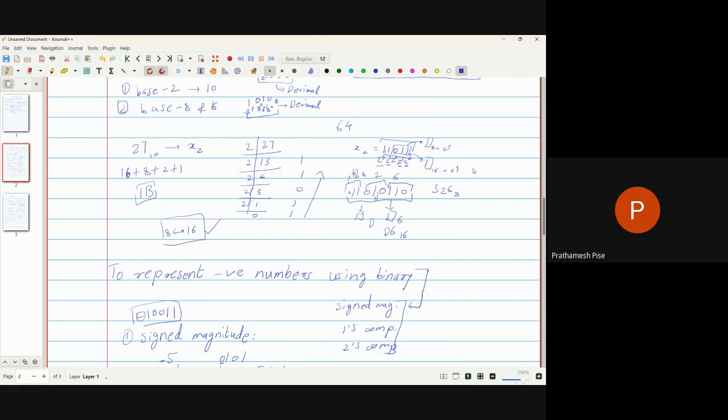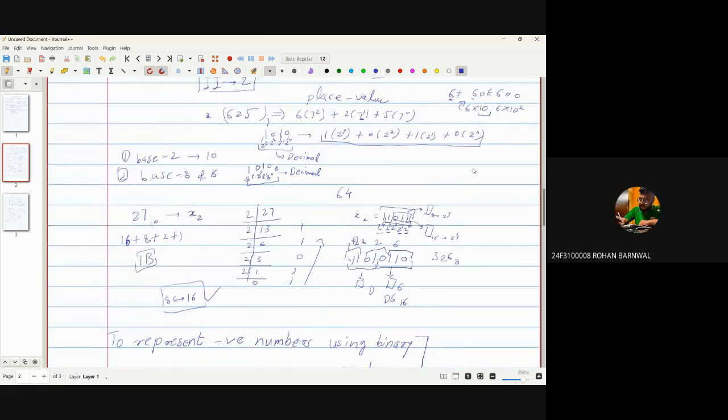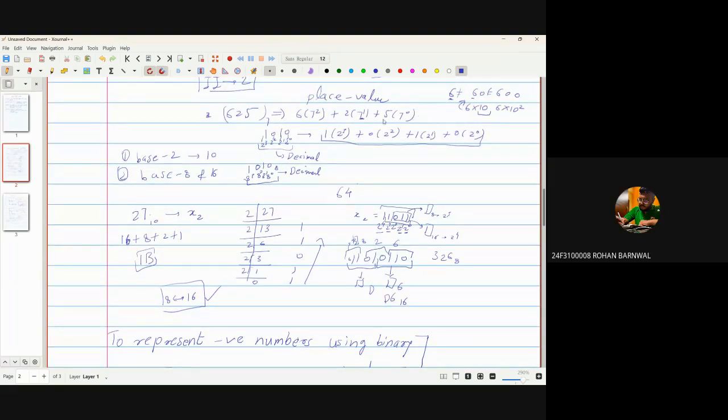Because you understand how it works in integers. See this equation. What do you think? How do fractions work? Sir, I think it will be in negative powers, I guess.